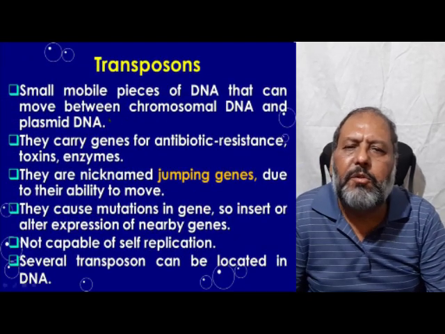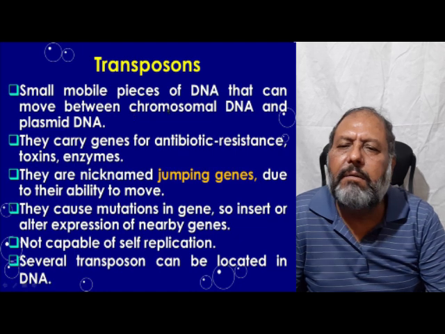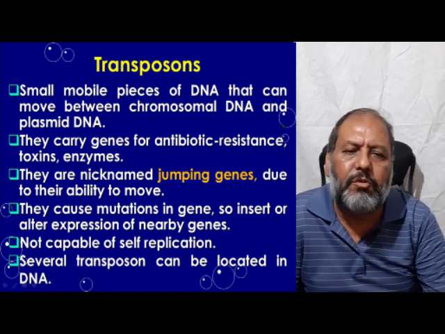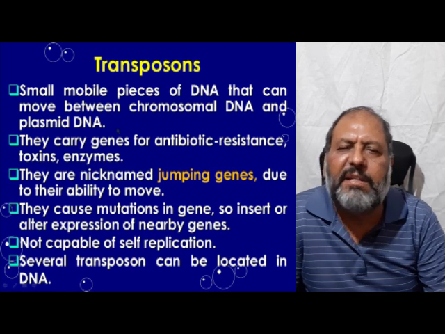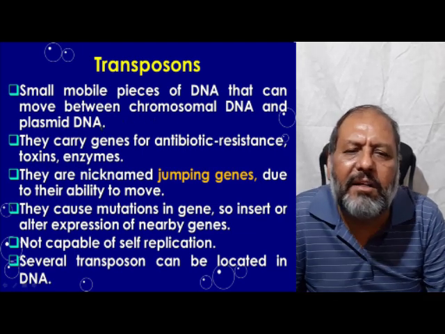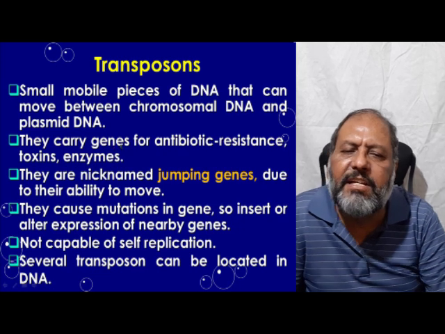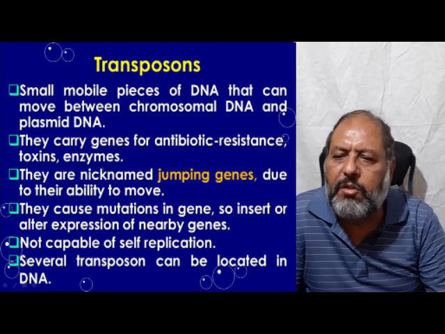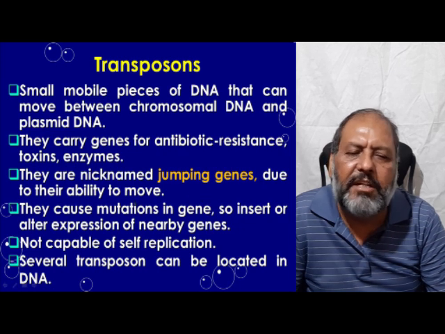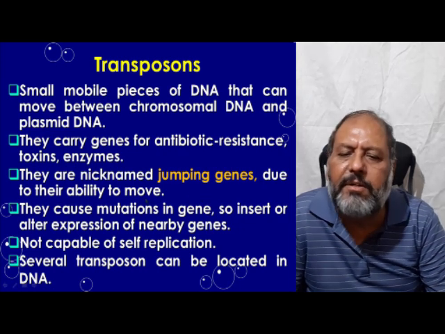Transposons are small mobile pieces of DNA that can move between chromosomal DNA and plasmid DNA, from one DNA site to another. They carry genes for antibiotic resistance, toxins and enzymes. They are nicknamed jumping genes because of their ability to move.